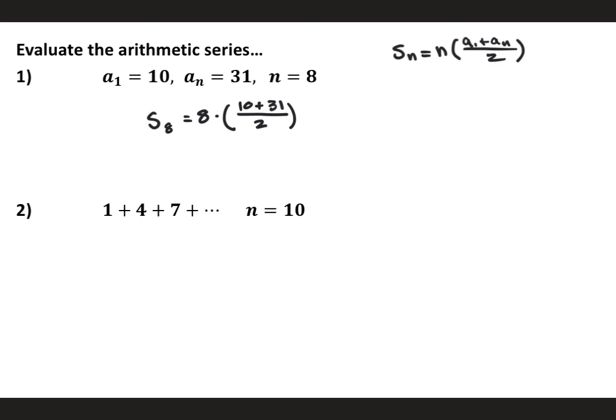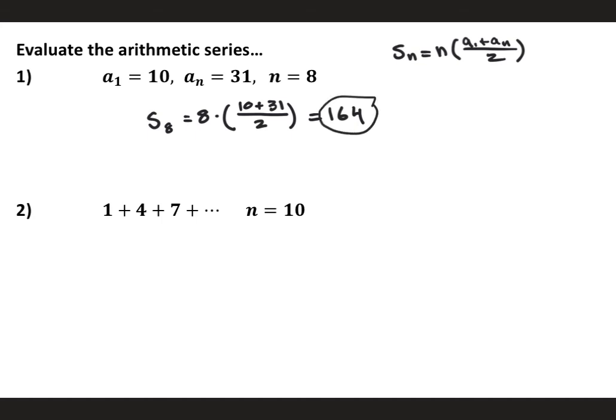And we can just plug that straight into our calculator. So I'll go 8 times (10 plus 31, which is 41) divided by 2, and I get 164 to be my answer.